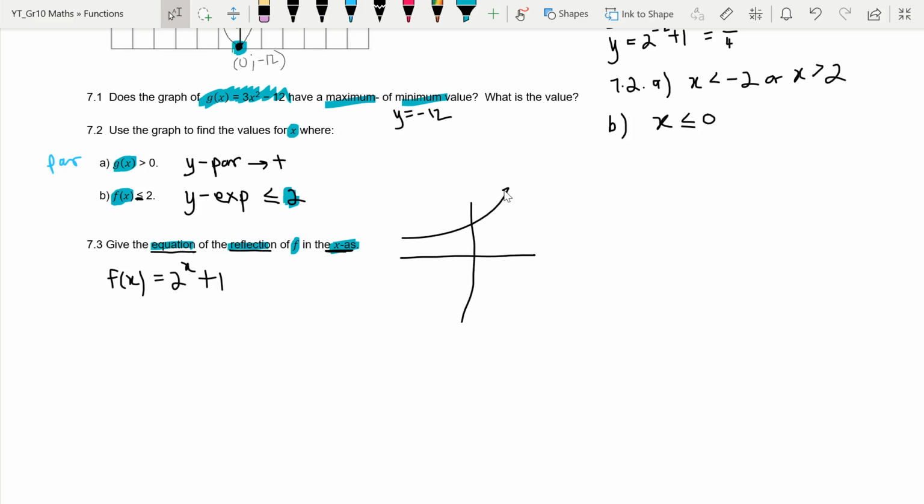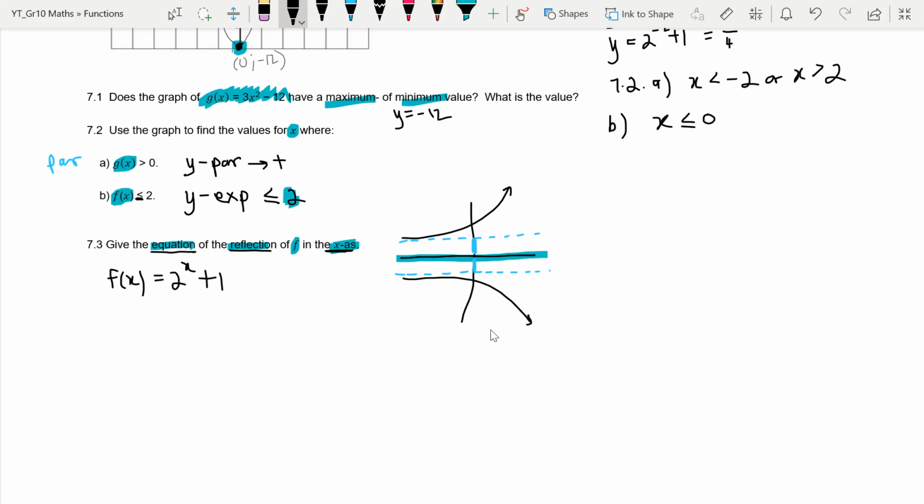So if our graph is there and we have got an asymptote there, and this is our mirror, and the asymptote is 1 unit from the mirror, then our asymptote will now be 1 unit on the other side of the mirror. And our curve will be a reflection on this side of our mirror. A rough sketch of what the reflection would look like.